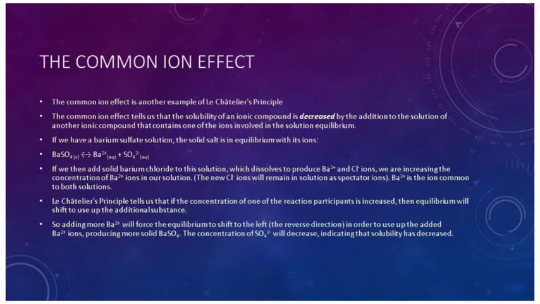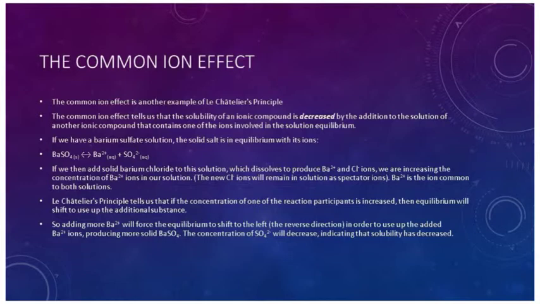If we have a barium sulfate solution, the solid salt is in equilibrium with its ions. So the barium sulfate is in an equilibrium system with its ions Ba2+ and SO4 2-.